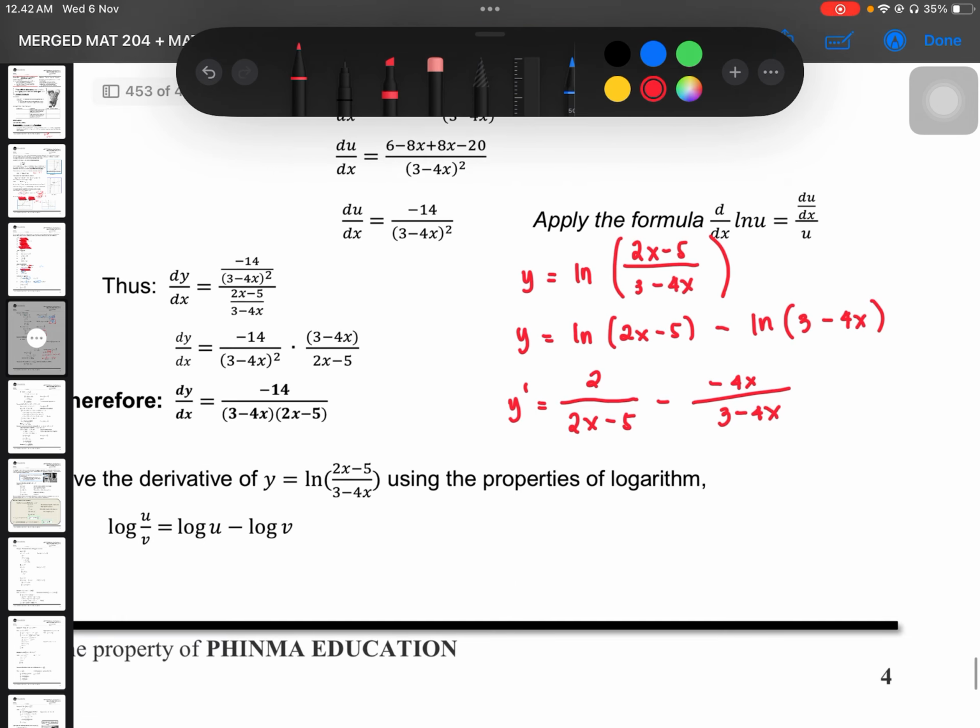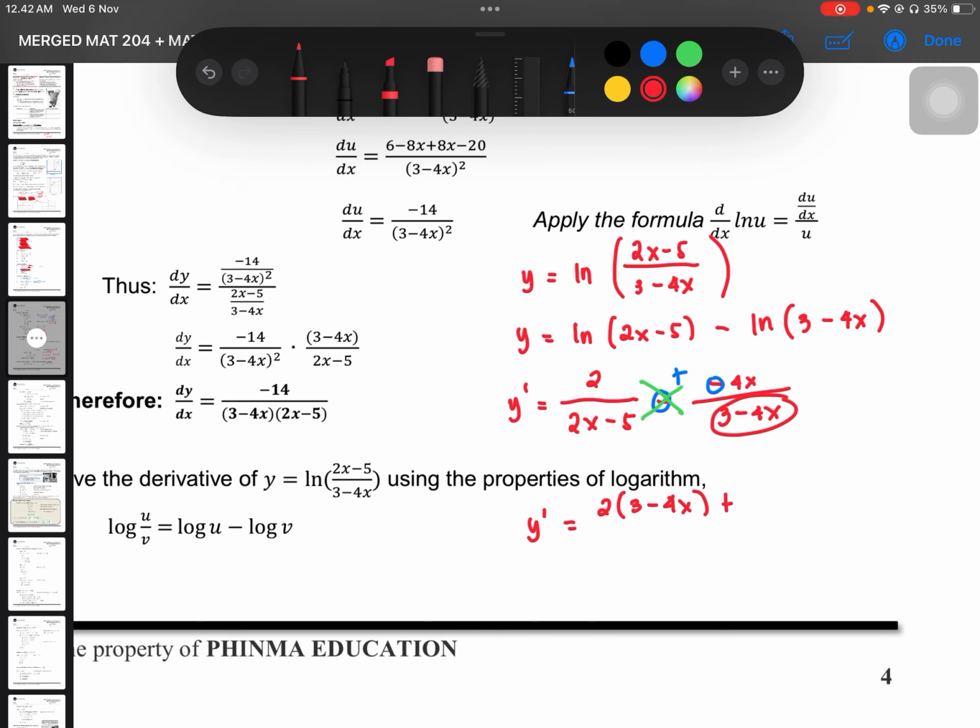Okay? Then, pagsamahin natin, combining them, anong kalalabasan? So, this one, since negative and negative, magiging positive na siya. But, i-cross-multiply na lang para maayos na siya. Okay? So, we will be getting y prime is equal to 2 times 3 minus 4x.